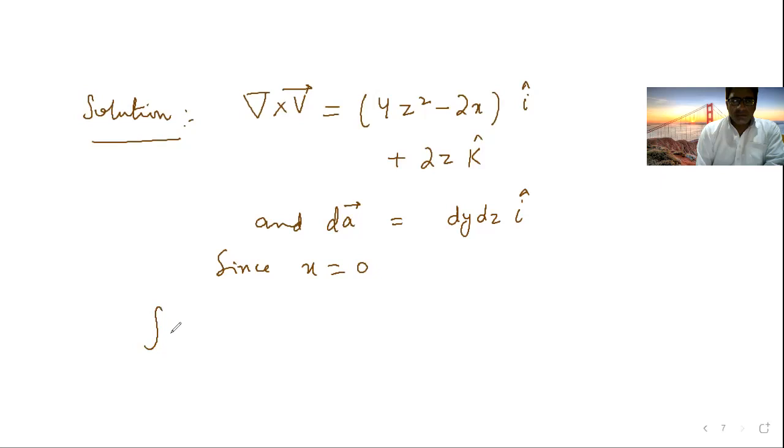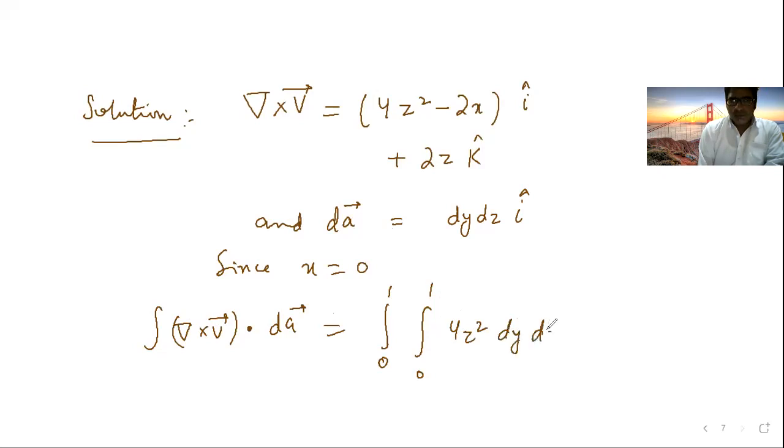So I write, since x is 0, the left hand side of the theorem, that is the integral of curl of V dot dA, will be the integral from 0 to 1, 0 to 1, of 4z² dy dz.